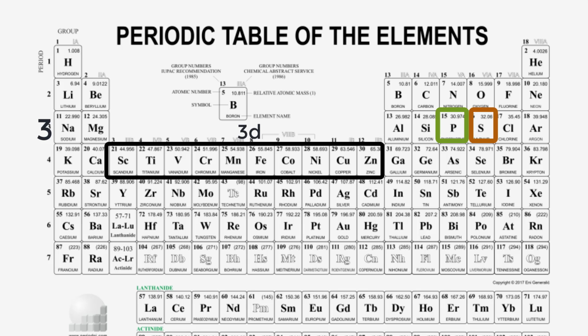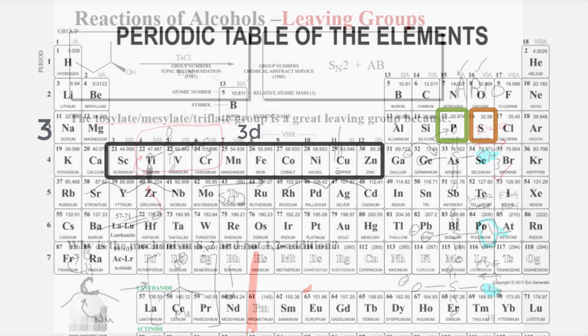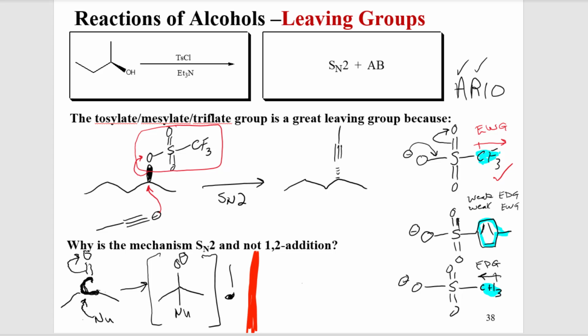We also know this because sulfur, you've seen this: sulfuric acid, right? When you do ATP stuff, you're going to see these phosphonates. Count the number of electrons around sulfur and phosphorus. They have expanded octets. Why? Because they have d orbitals.